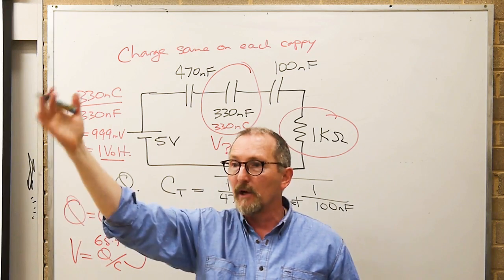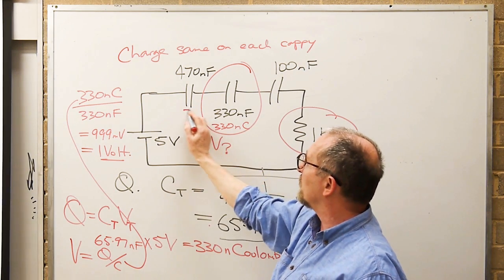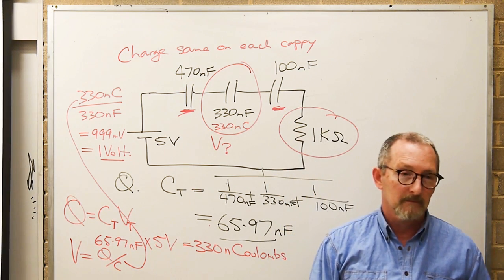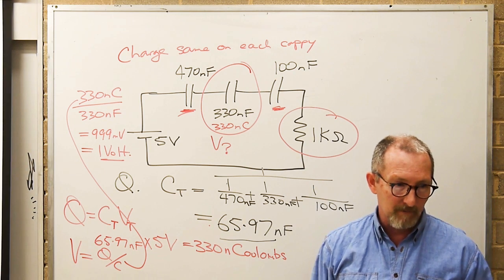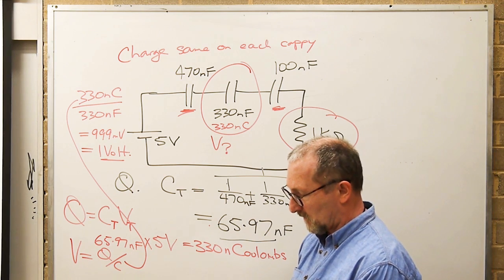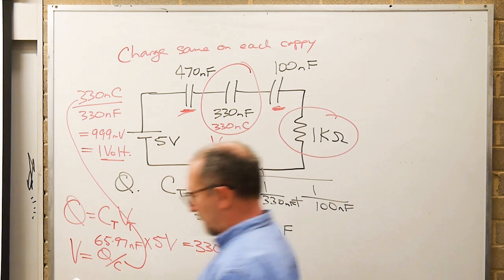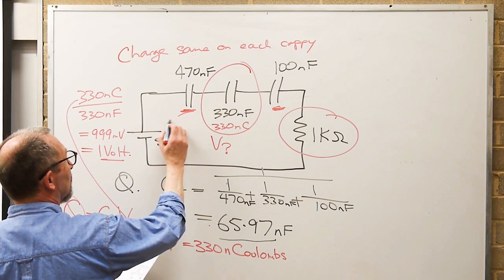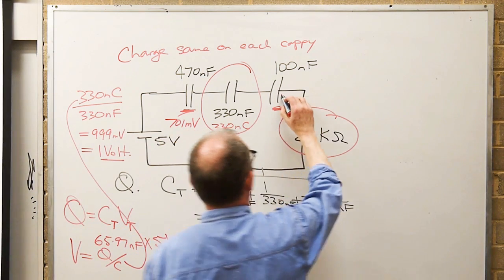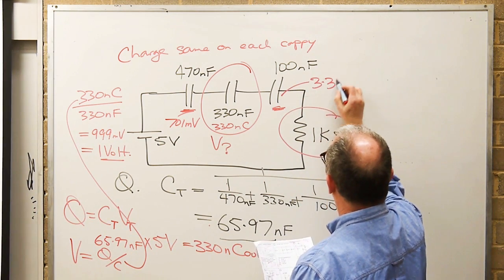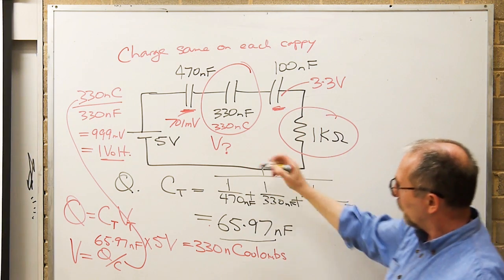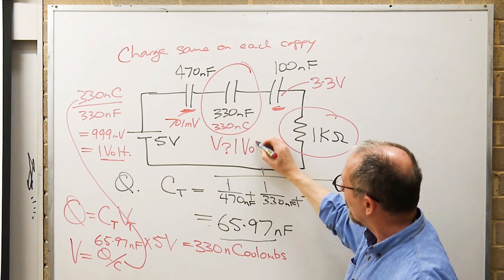Grab your calculators, run the maths, tell me what the voltage is on him, and tell me what the voltage is on him. 701 millivolts across this. 3.3 volts. Yeah, 1 volt, which I already did over here, 1 volt.